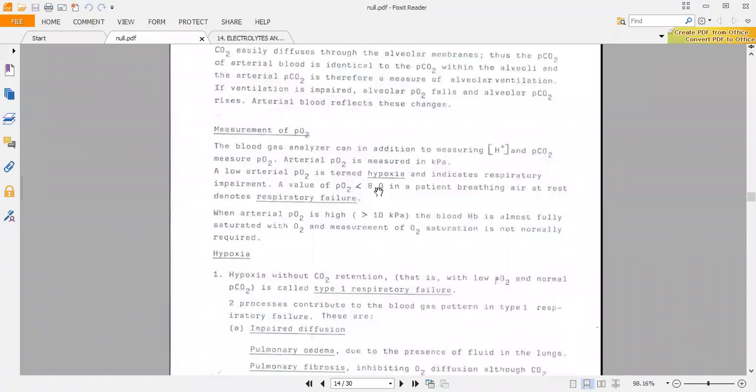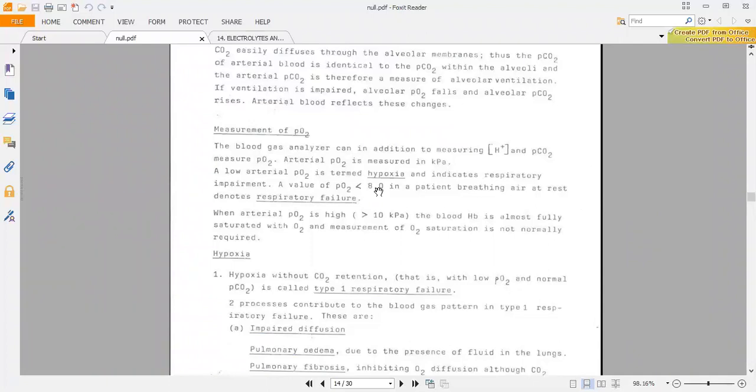Now with respiratory failure, there are 2 types. The first type is called type 1 respiratory failure, in which the person's oxygen levels are low, but the carbon dioxide levels are normal.